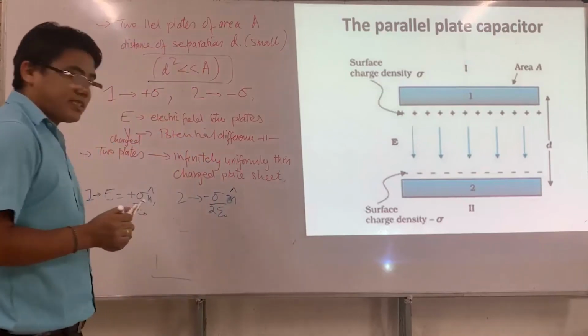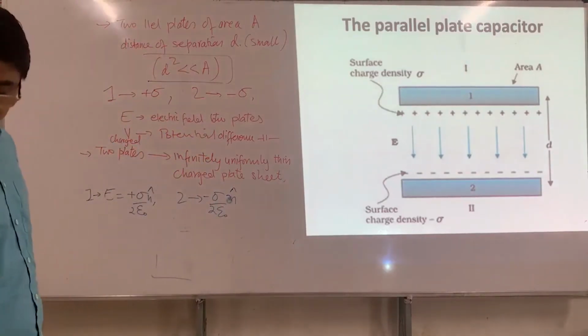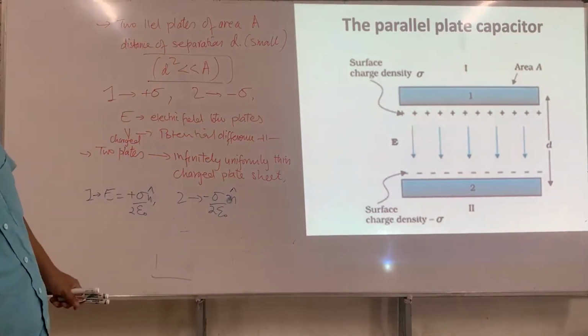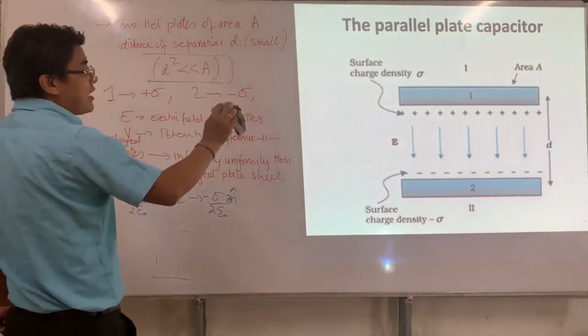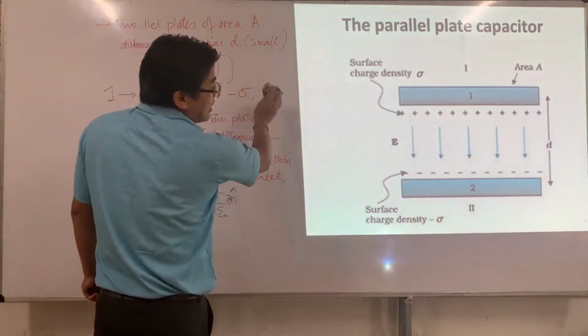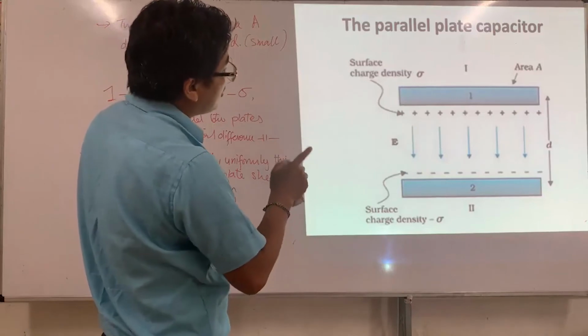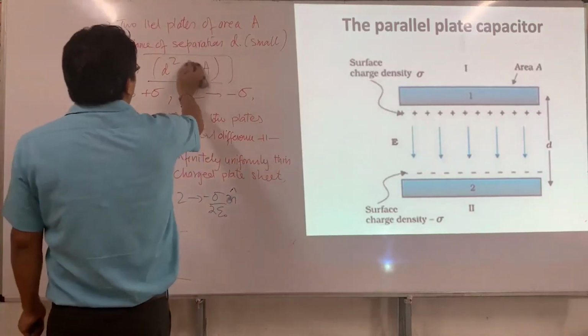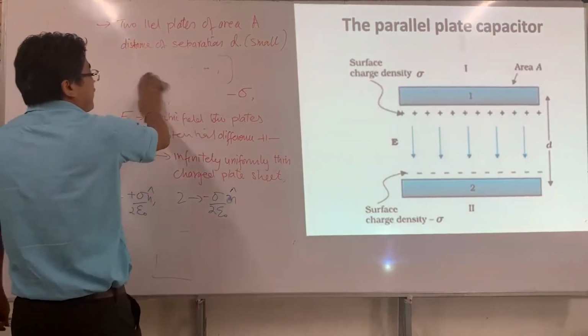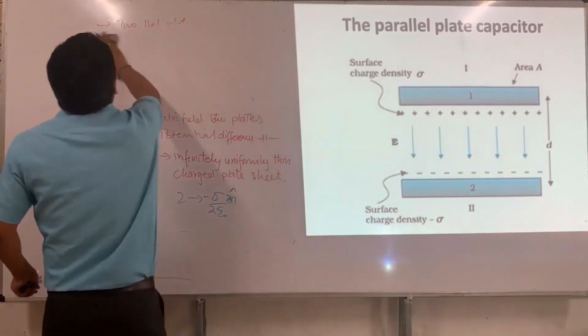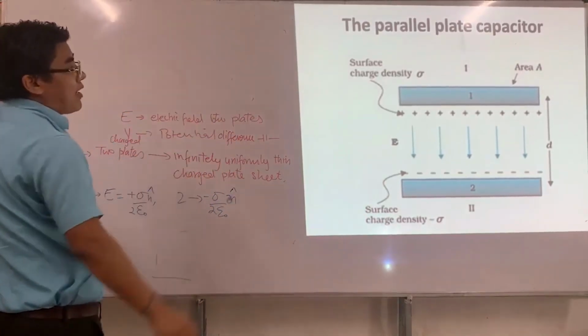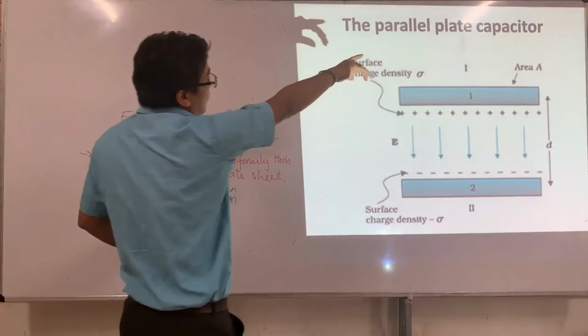This is just a recapitulation of the previous topic. Now I'm going to choose the 3 regions: region 1, region 2, region 3, and try to find the total electric field in each region, right? So first, region number 1.